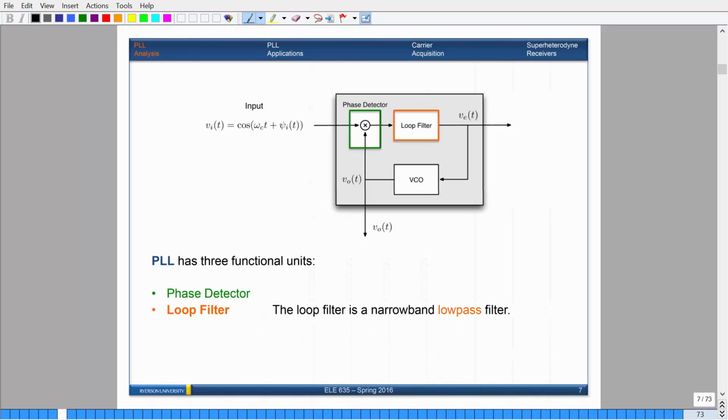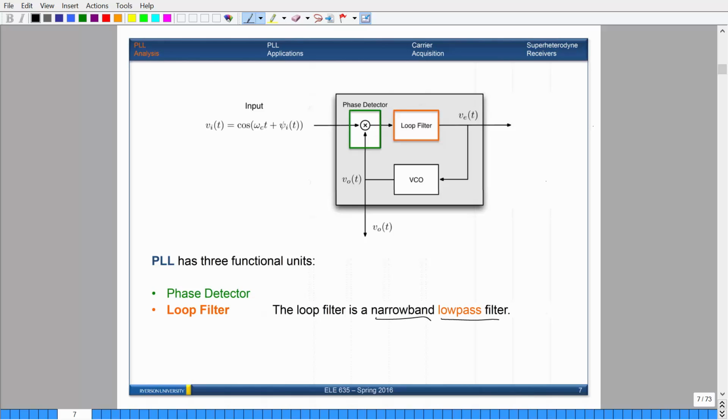All right? We also have what's known as a loop filter. The reason why they call it a loop filter is, if you're taking control systems, you can consider this as a closed loop feedback system. So they call this a loop filter because it's a filter that's in a closed feedback loop, right? It's what's known as a narrowband low-pass filter.